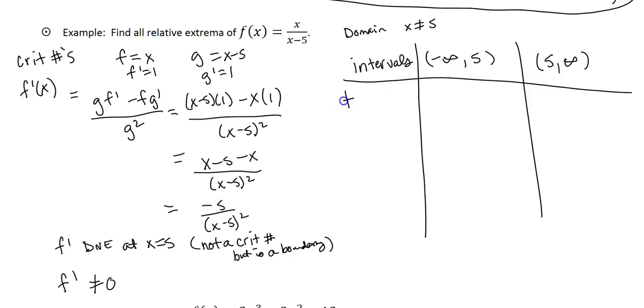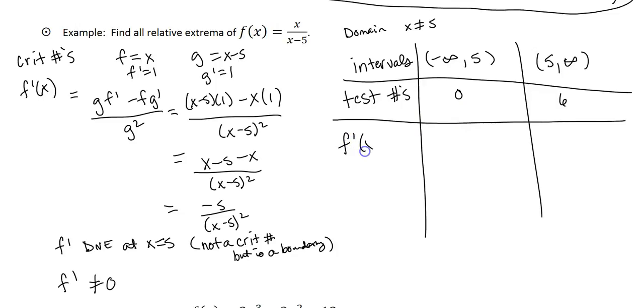Our test numbers could be 0 and 6 or 0 and 10 or whatever you want. So when you're plugging that into f prime of x, you'd have negative 5 over 0 minus 5 squared, which is negative 5 over 25. Again, all we care about is that it's negative.